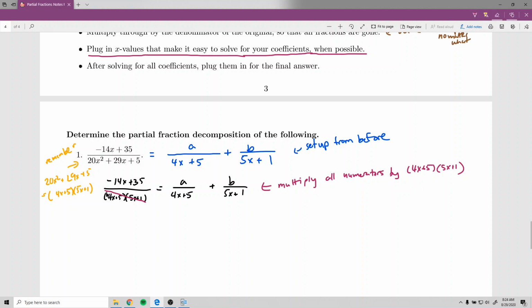Actually, let me not draw through it though, because then looking at the notes might be hard. But the whole denominator will cancel here, so we'll just have the numerator. And when we multiply this on the numerator for this part, the 4x plus 5s will cancel. You'll be left with a times 5x plus 1. And then when you multiply it by the last fraction, the 5x plus 1 will cancel, and we have a b and a 4x plus 5 left.